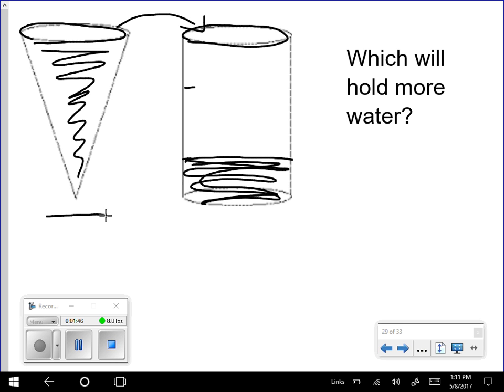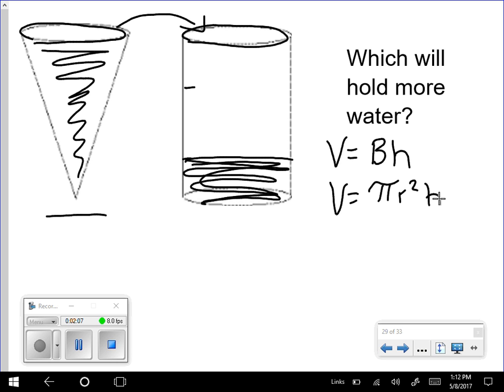So what do we know about cylinders? Well, we know the volume of a cylinder is the area of the base times the height. What that really means for us is pi r squared, because that is the area of a circle, times the height of the cylinder.